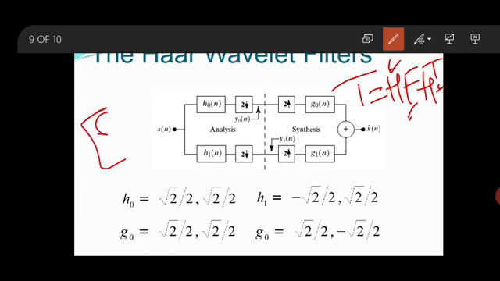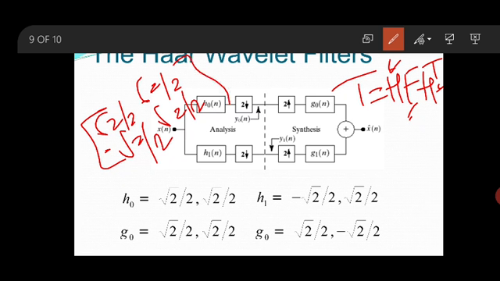H1 will be minus root 2 divided by 2, root 2 divided by 2. Now these are the coefficients that will be operated on the image.